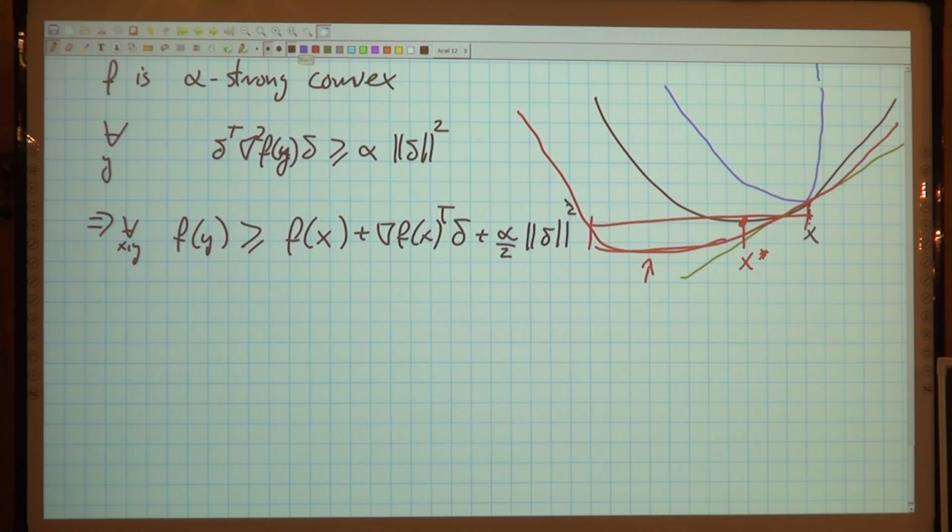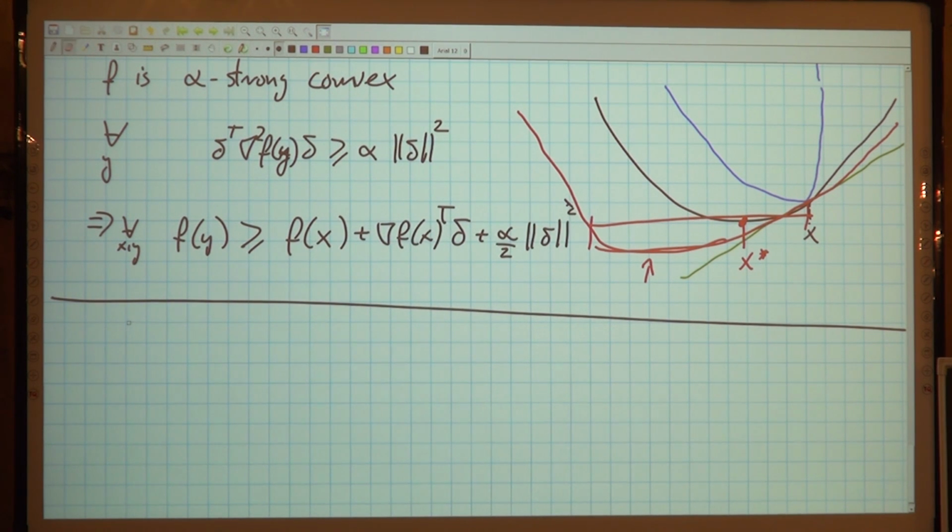So what we will do is let x star be the minimizer of the function. This is the point that we would like to converge to.